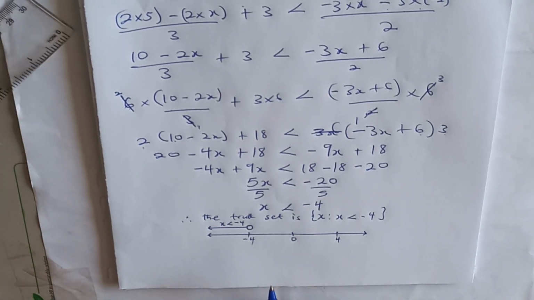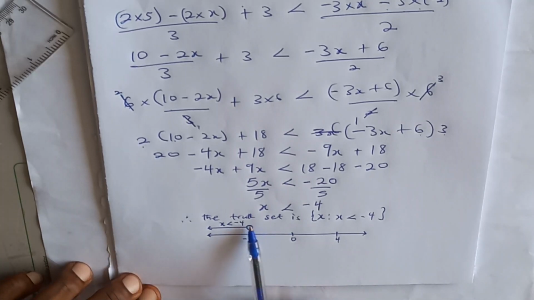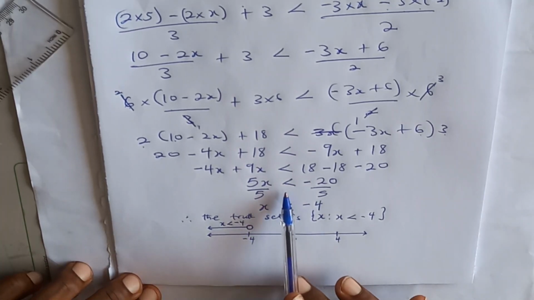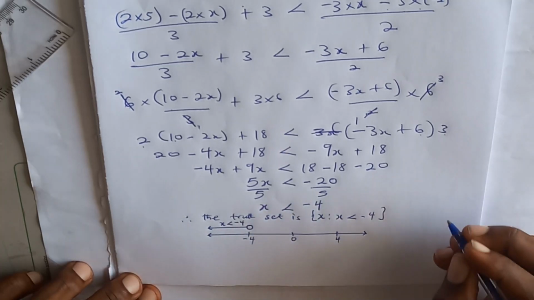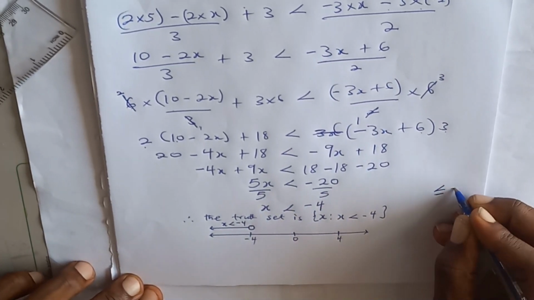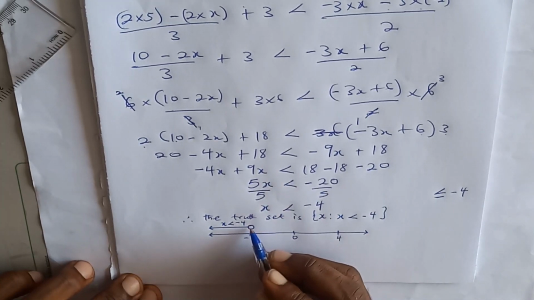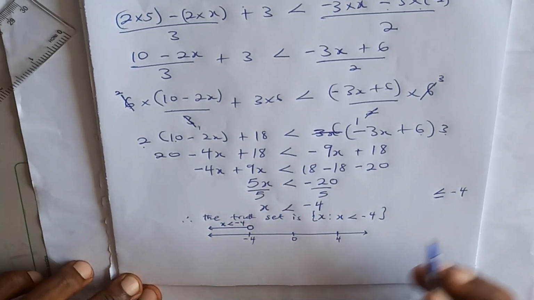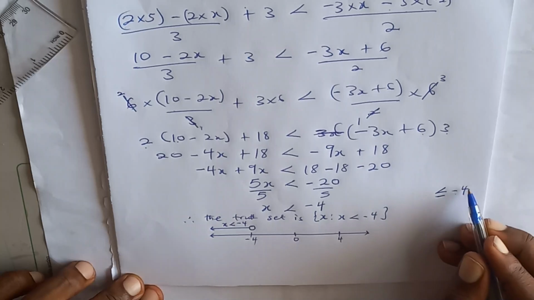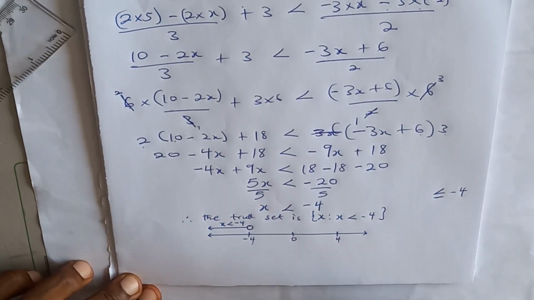So this is our answer on the number line. Please, we didn't shade the circle because it is not less than or equal to. If it was to be less than or equal to -4, then it means we should shade this portion. But it is less than -4, so you don't need to shade it.